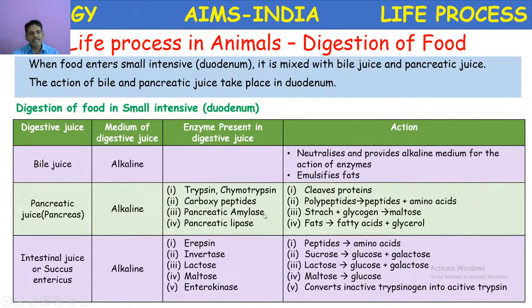Then pancreatic amylase acts on starch and glycogen. These two are complex carbohydrates on which the salivary amylase action is already continuing. The partly digested starch and glycogen are further digested by pancreatic amylase and converted to the simple sugar maltose.